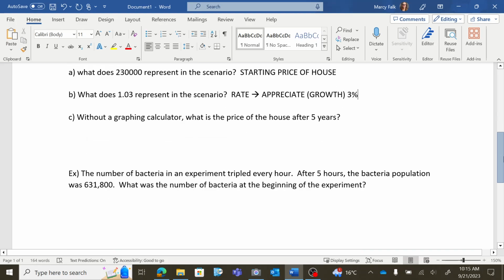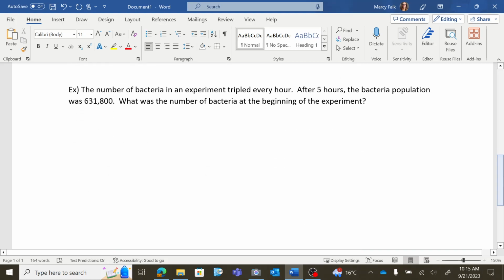Okay, and then my last question here. The number of bacteria in an experiment tripled every hour. After 5 hours, this was the population of the bacteria. What was the number of bacteria at the beginning of the experiment? Okay, can you draw me a T chart, please?